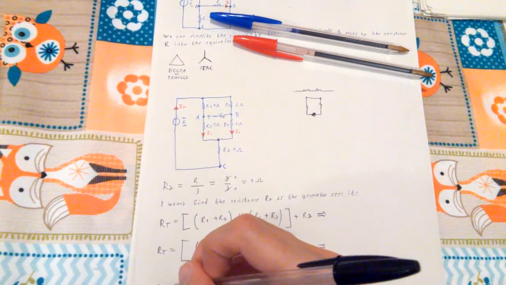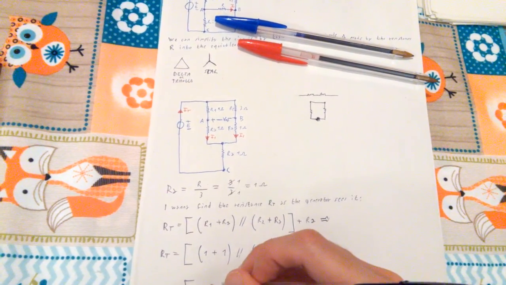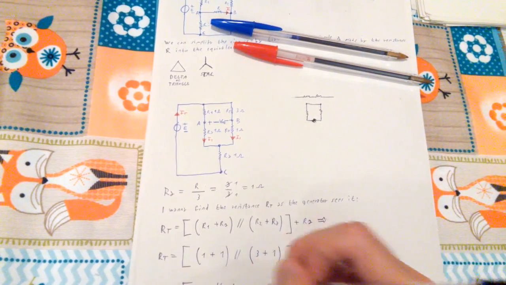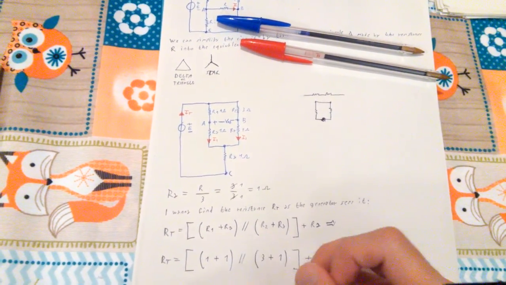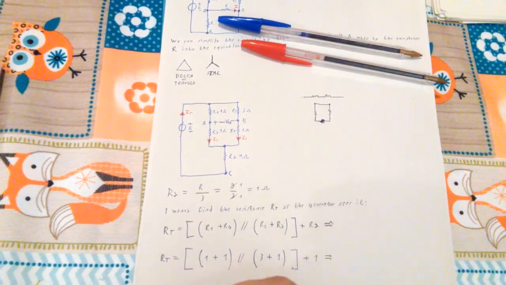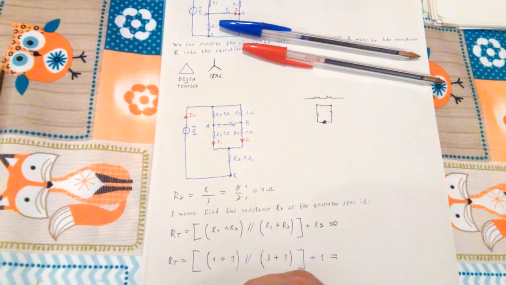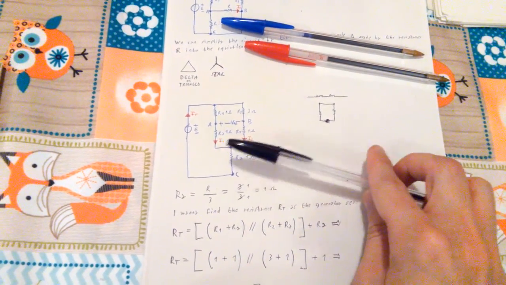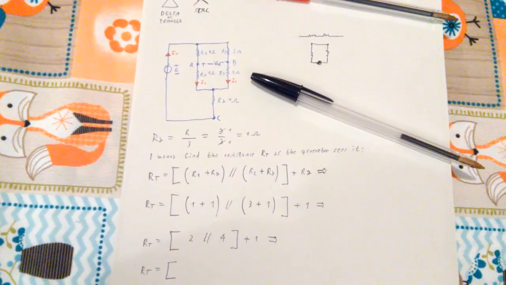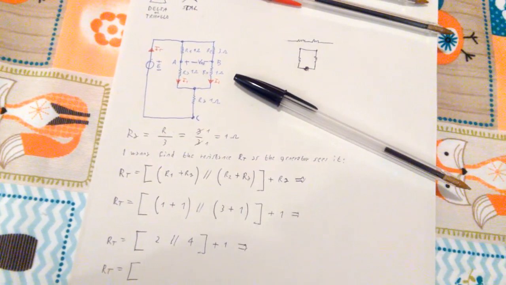Now we have RT equals 1 plus 1 is 2, in parallel with 3 plus 1 is 4, all plus 1. Here is the thing. Now, I know what you're thinking. You're saying, what does it mean to have 2 in parallel with 4 and then plus 1?